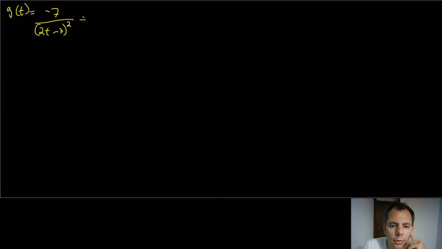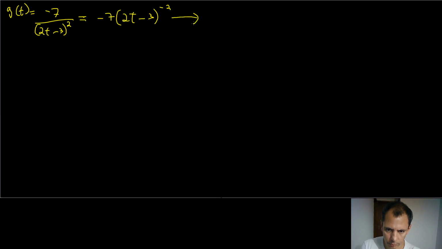Okay, this equals minus 7 times 2t minus 3 to the minus 2. So what you want to do is differentiate the outer function, which is the minus 2, and differentiate the inner function. So this minus 2 comes over here, multiplying the minus 7 equals 14.